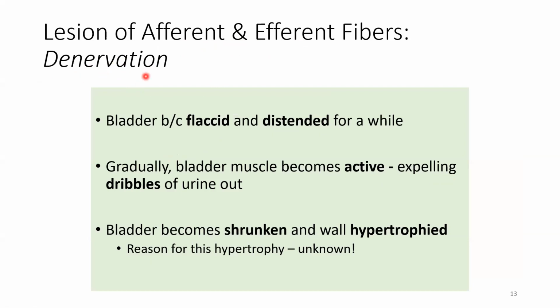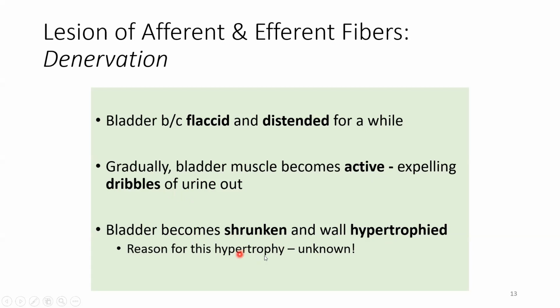So this is that denervation. The bladder again becomes flaccid and distended for a while, but then it becomes a bit active, which is interesting, expelling dribbles of urine out. Eventually it becomes hypertrophied and shrunken. It's like a crunched up football.